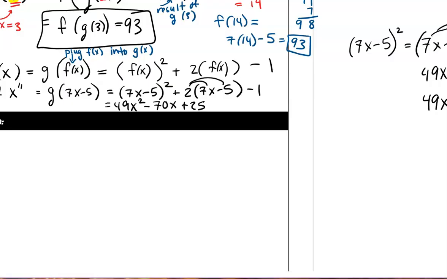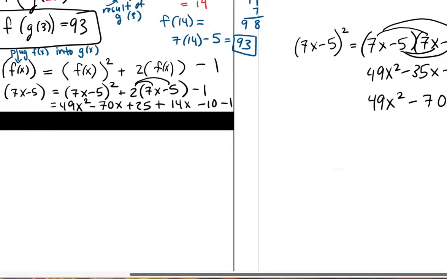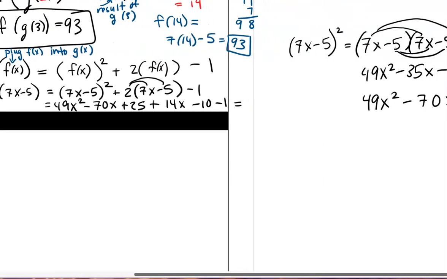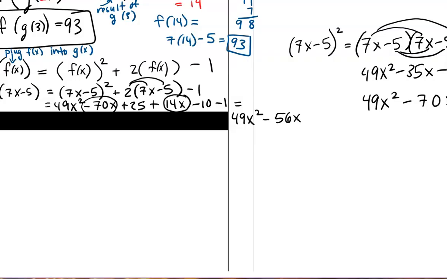Meanwhile, you'd still have to distribute the 2 to the 7x minus 5 from this part of the equation. So that's 14x minus 10, and then you'd have to subtract 1. So when all is said and done with this example, we would end up with 49x squared. I would have to add my negative 70 and my positive 14, so that would be negative 56x.